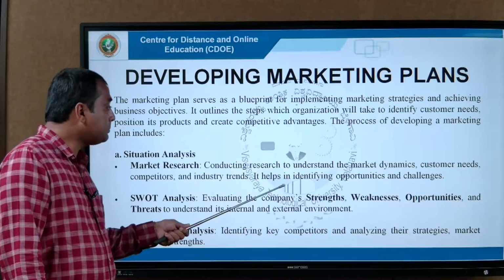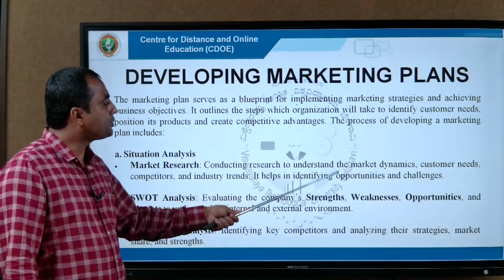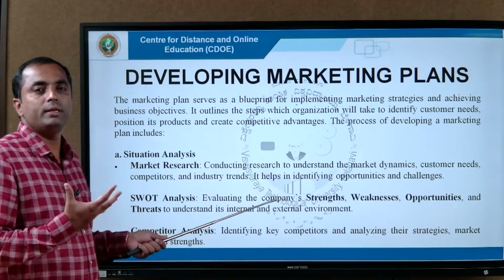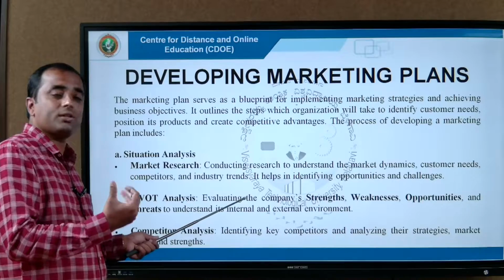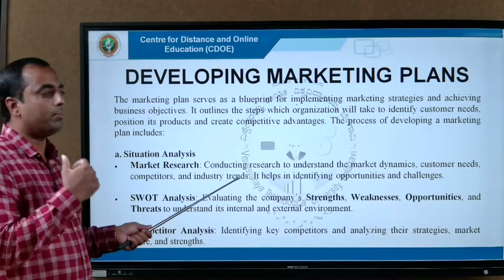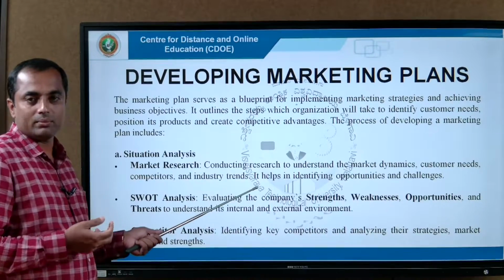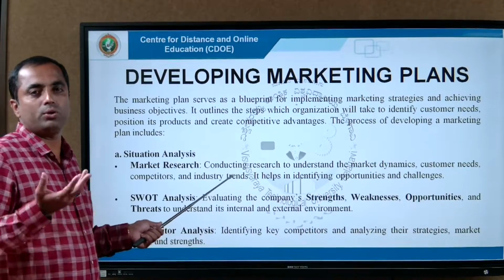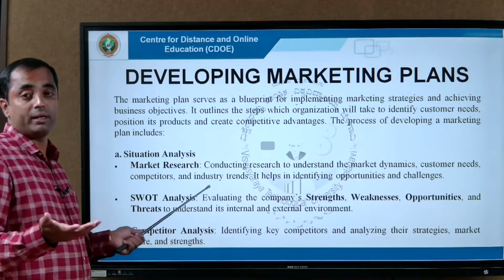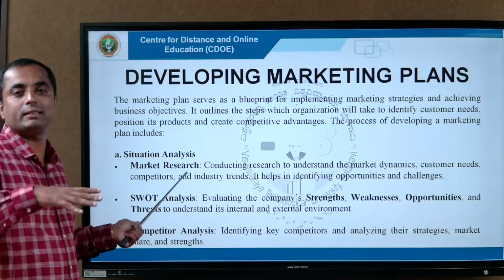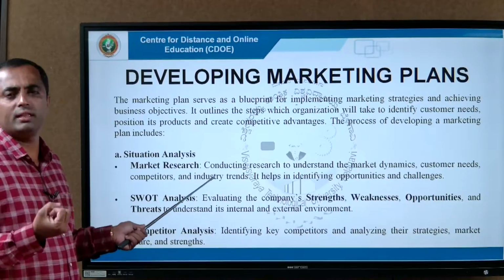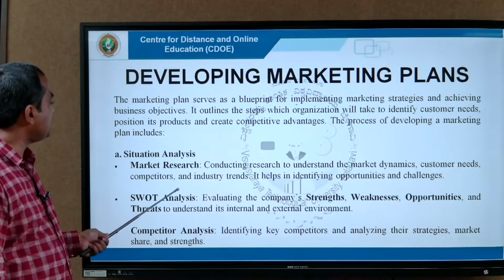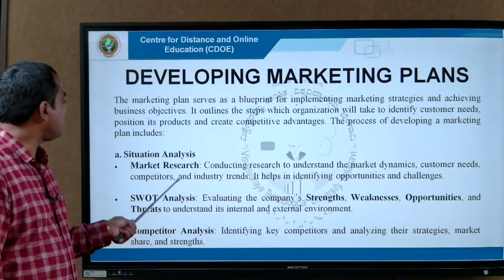It also helps in identifying opportunities and also the challenges. So before you do anything, you need to have a clear-cut understanding about what the marketing dynamics are, who your customers are, what the expectation of customers is, what they need, who your competitors are, and how the industry is running, what the trend of the industry is. You need to know all this. So that is the basic. Whenever you make a situation analysis, have a clear-cut market research.